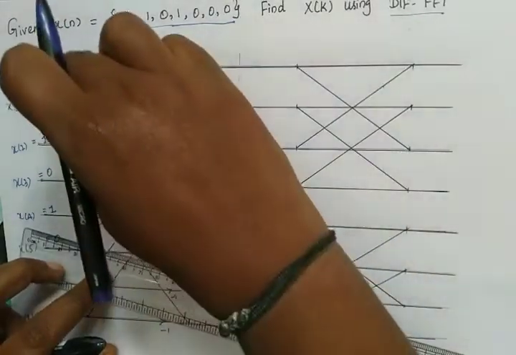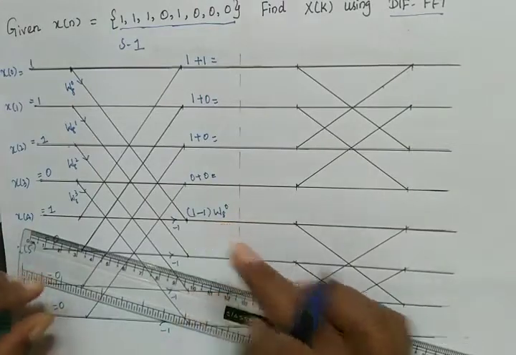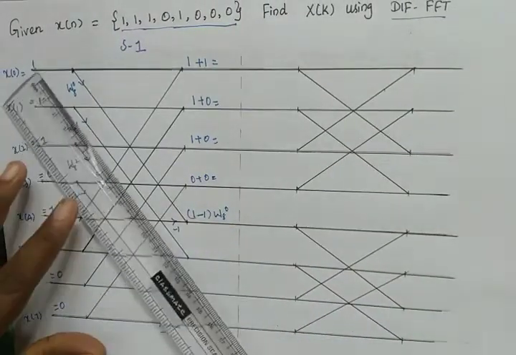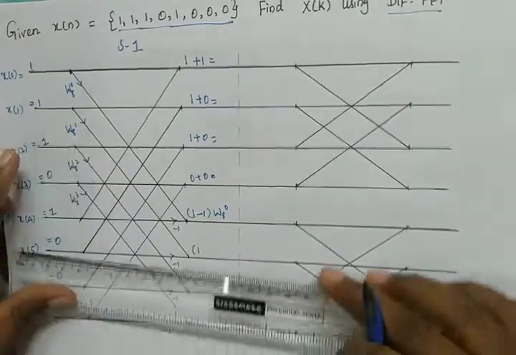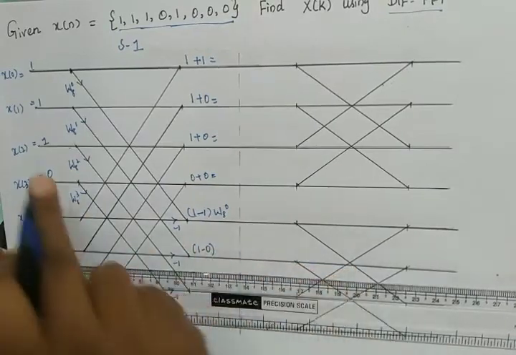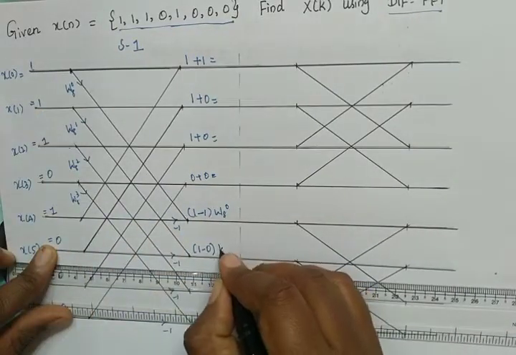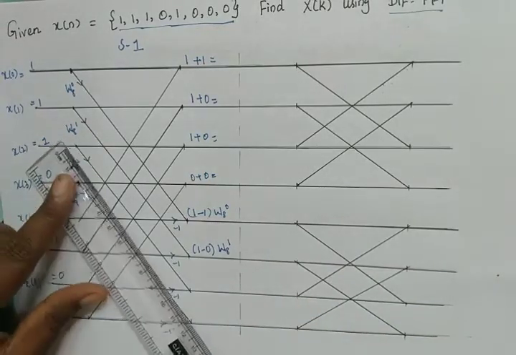And here again we have this twiddle factor. So this will also be multiplied by this twiddle factor W8 power 0. Then the next one is, here we have 1. So write 1. Then minus 0, because here we have 0 into twiddle factor W8 power 1. Then next one. Here we have 1.